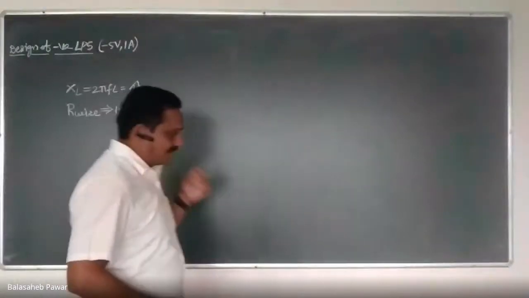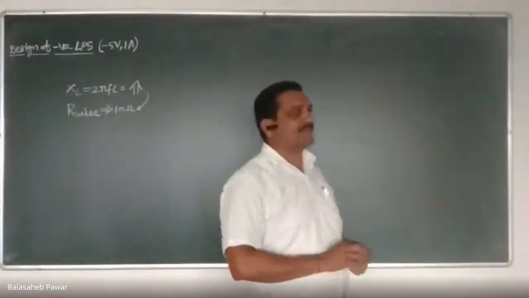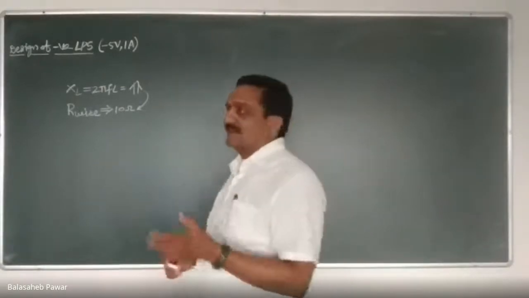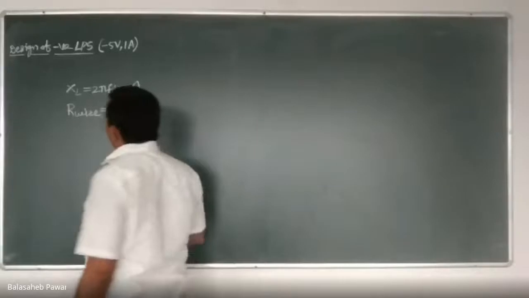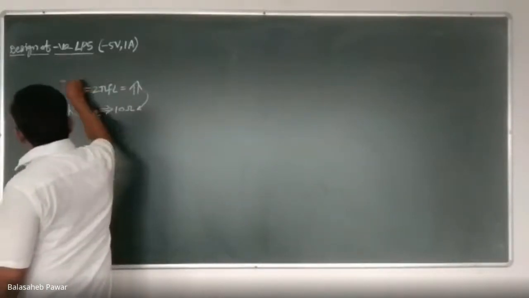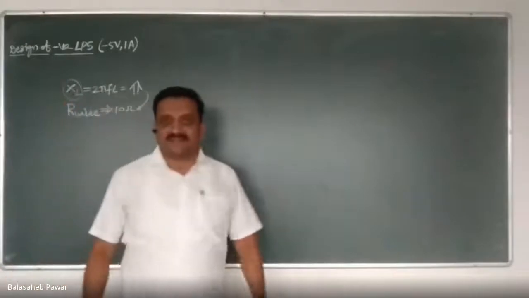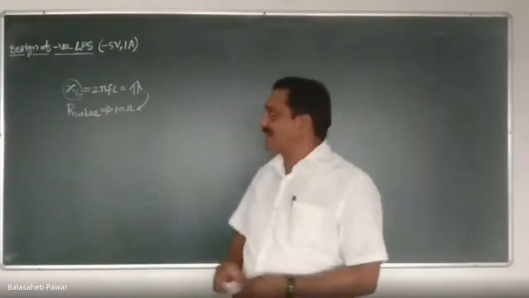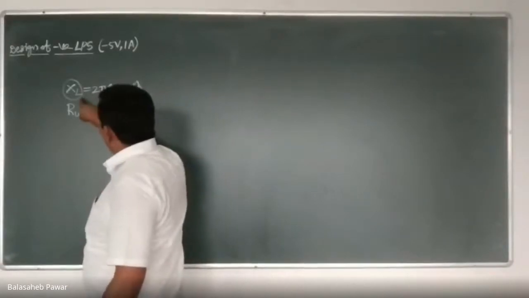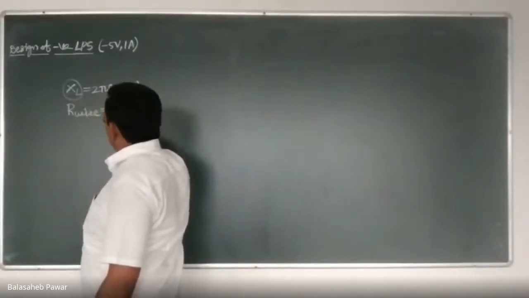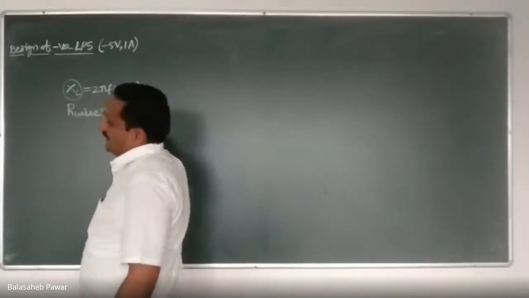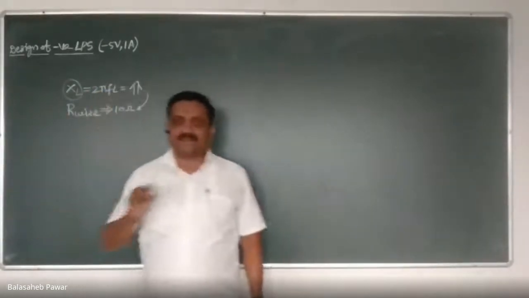Whenever that wire is wound, it acts as a coil, and whenever we pass AC current through it, the coil provides some reactance of its own. That reactance is XL, which equals 2 pi FL, and it depends on the applied input signal frequency, that is 50 hertz, and the inductance offered by that coil.